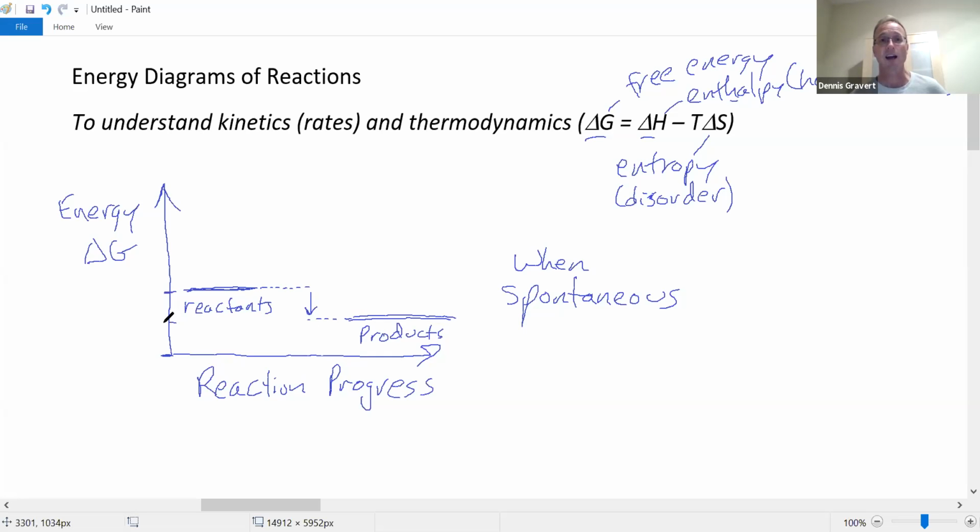So you can measure the height on the y-axis if you wanted to. And this amount of decrease in energy is the change in energy. So that's the basics of the energy diagram, saying this is where you start, that's where you end.